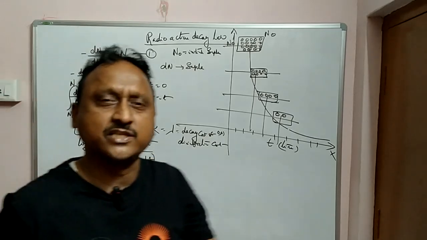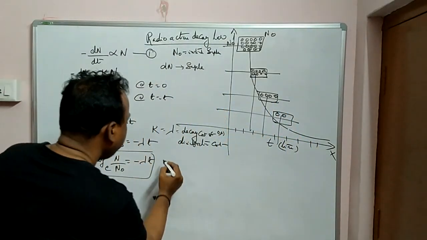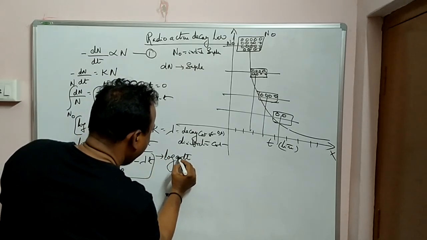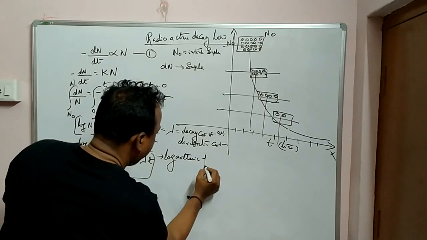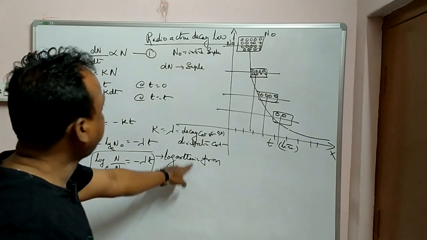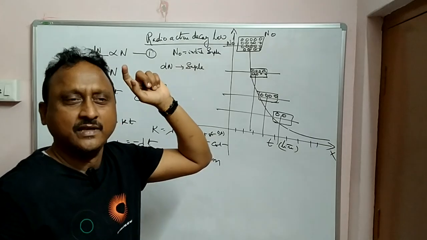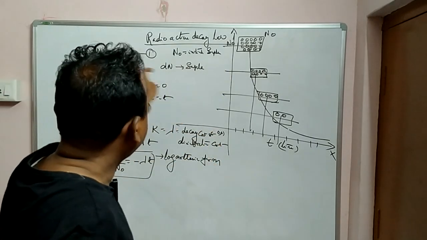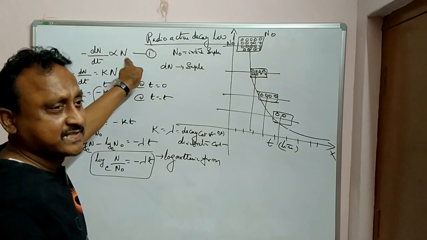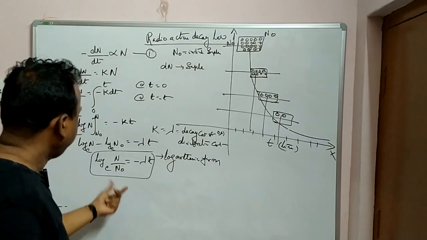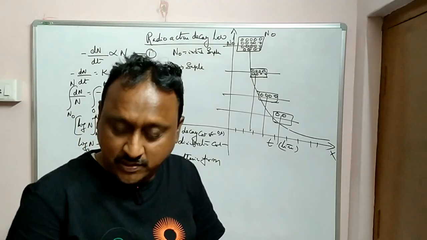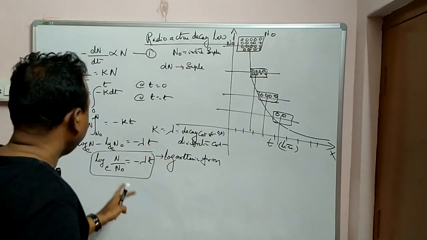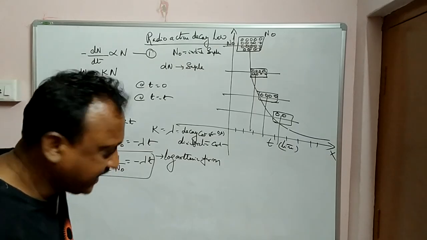This equation is called the logarithmic form, the logarithmic form of the radioactive decay law. That means the decay, dN by dt, of the concentration is directly proportional to the initial sample, and finally you got it in logarithmic form. Depending upon the questions, you have to use this formula or the next formula. This is the logarithmic formula. N0 is the initial sample.